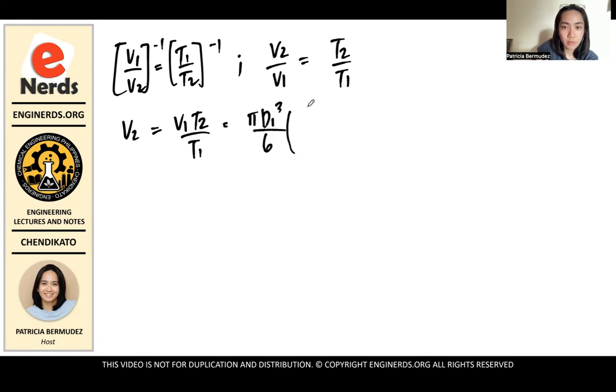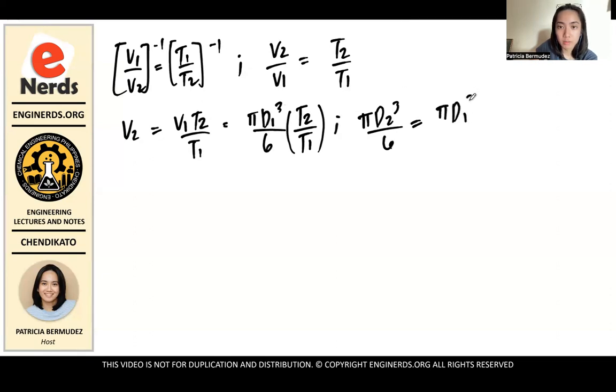Tapos, yung T2 natin, mamaya na lang natin substitute, and then T1 here. Okay? And yung V2 natin, we know that it is pi D2 cubed over 6. And then we equate this into here, kasi ito yung V2 and ito yung equivalent niya. So pi D1 cubed over 6 times T2 over T1.